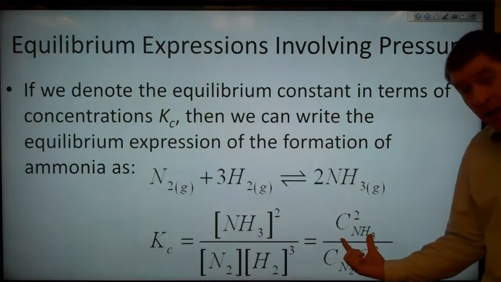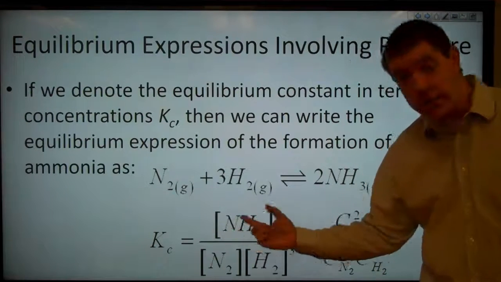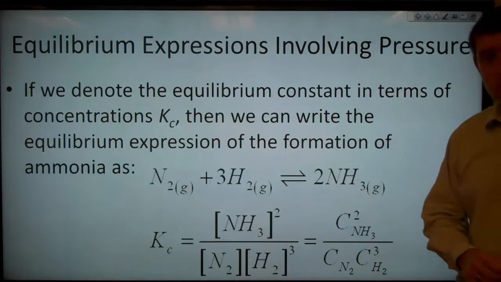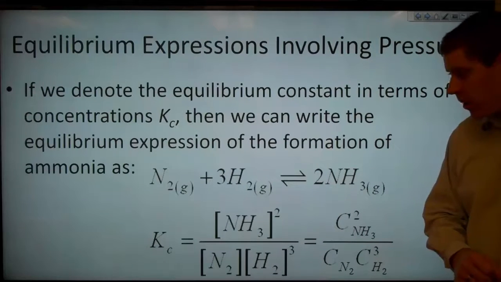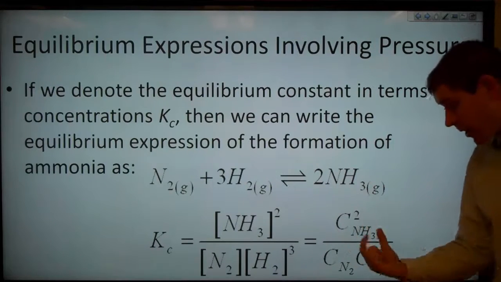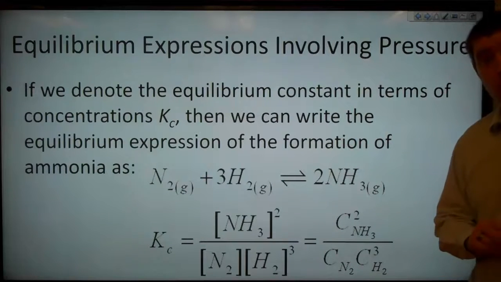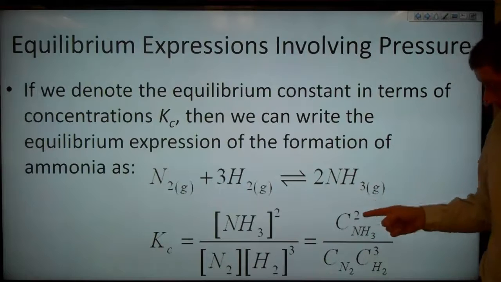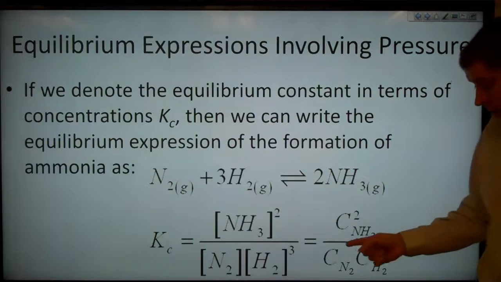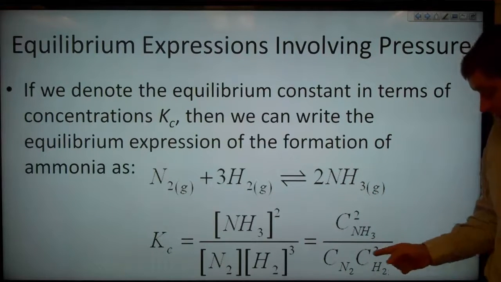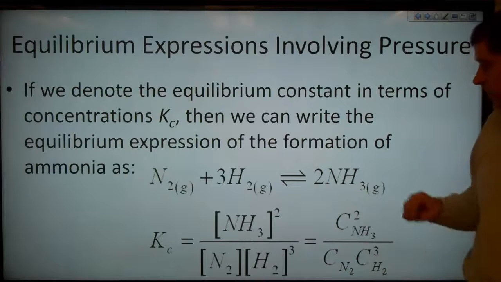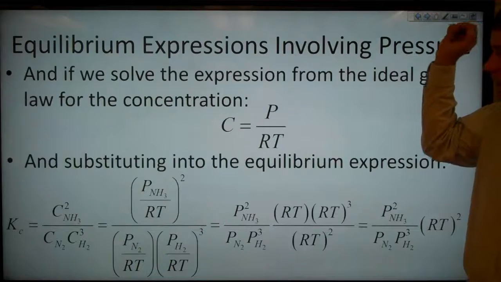And we could write that, instead of with these brackets around our chemical symbol, this way with C's, C standing for concentration, and then a subscript of whatever the chemical symbol is, so C NH3 squared, or C N2, or C H2 cubed.